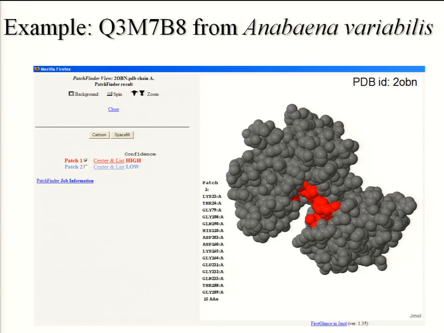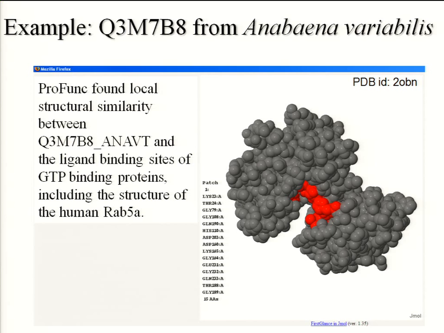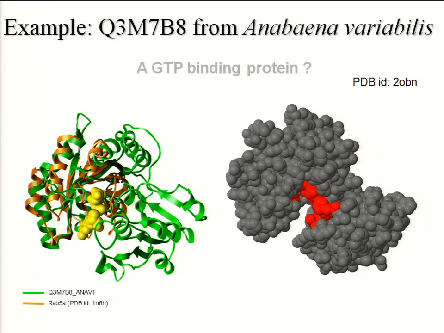So Guy looked at several computational tools, including the set of tools that is found in ProFunc, and it found local structural similarity between this protein and the ligand binding site of a GTP binding protein from the human protein RAB5A. And when you superimpose the local similarity, you actually see that there is also a certain level of global similarity between the structures.